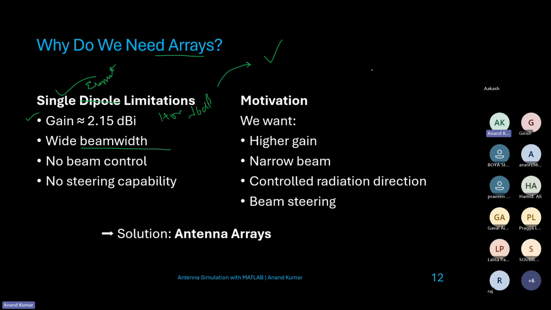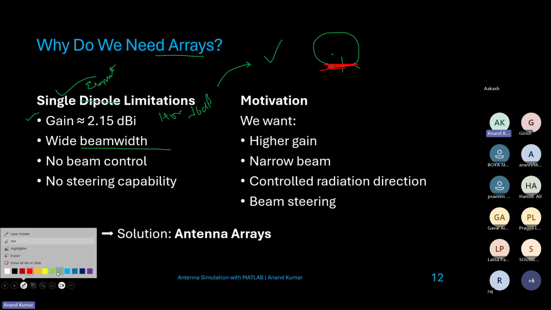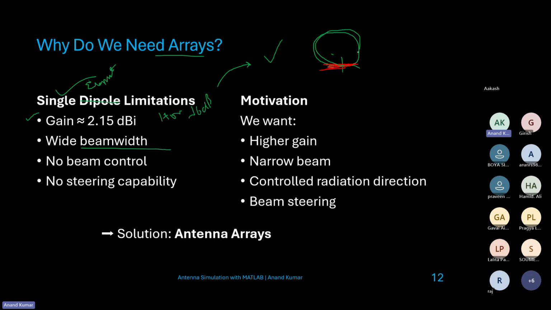If you compare, for a dipole which is aligned like this, its radiation pattern looks something like this, right? But if you make an array of several dipoles like this, its radiation pattern will become much narrower, right?